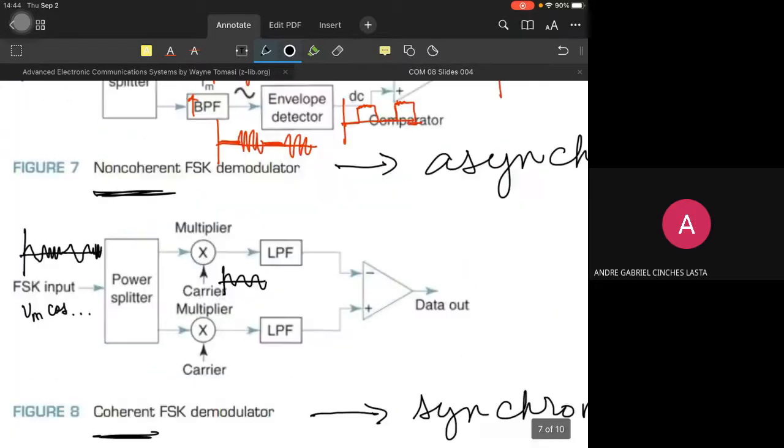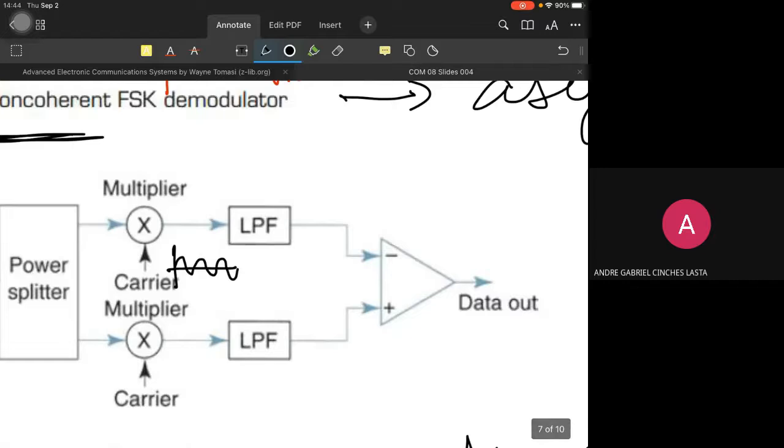Smooth na ang flow. So, i-multiply og another cosine nga carrier. Pero, i-filter out lagi apon to pag abot sa low pass filter.